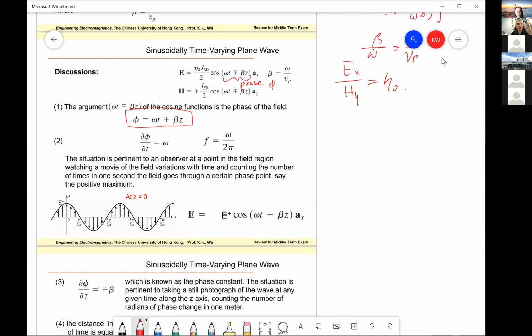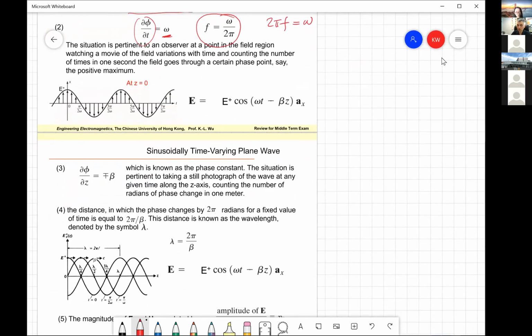Then how fast does the phase change with time? I take the derivative of the phase with time. What is this? This is the angular frequency omega, and omega is related to f by 2 pi times f equal to omega.